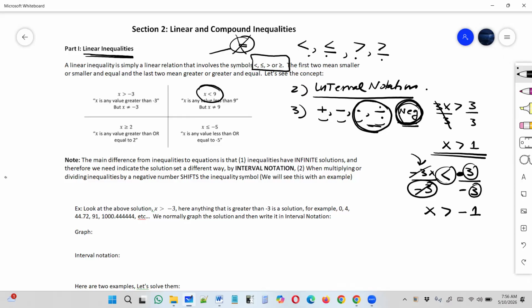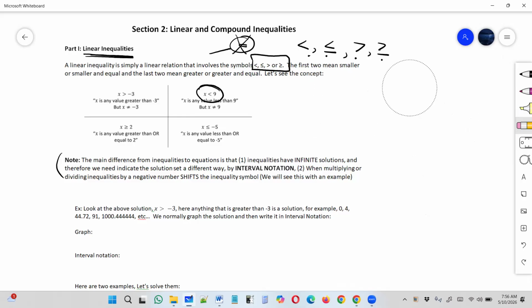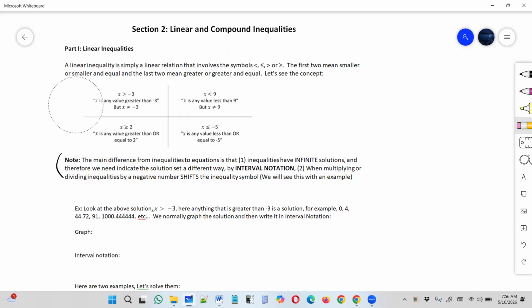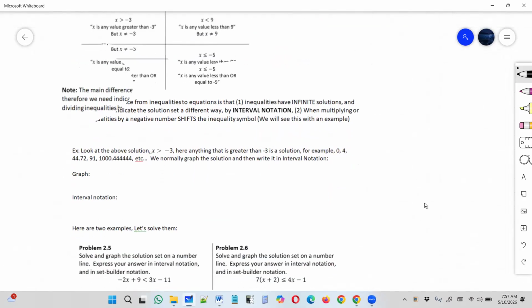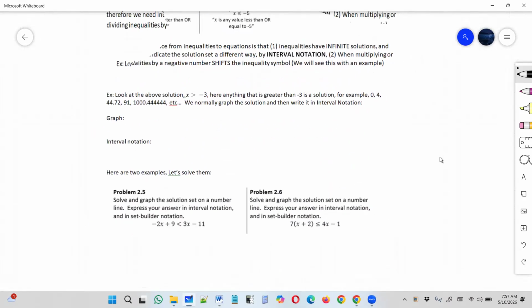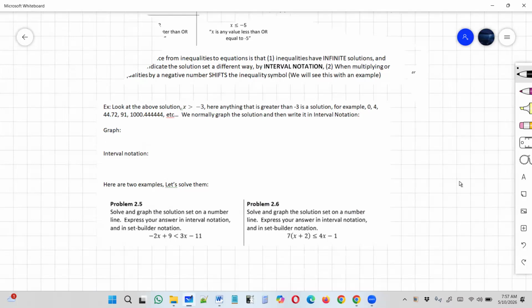So that you have to remember. I left a notation here for you to see. It's also in the workbook so that you know exactly how to do this. Other than that, the process is very, very similar to solving an equation as we've seen before.